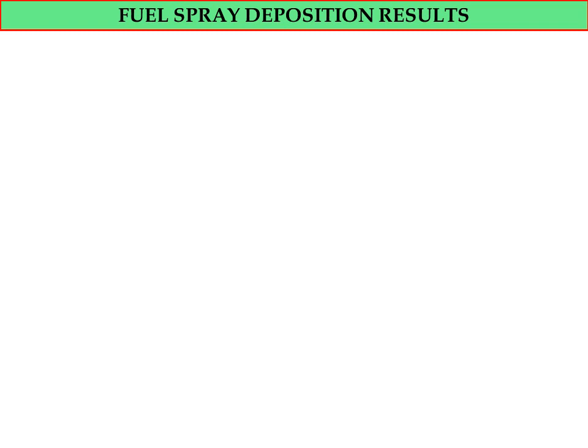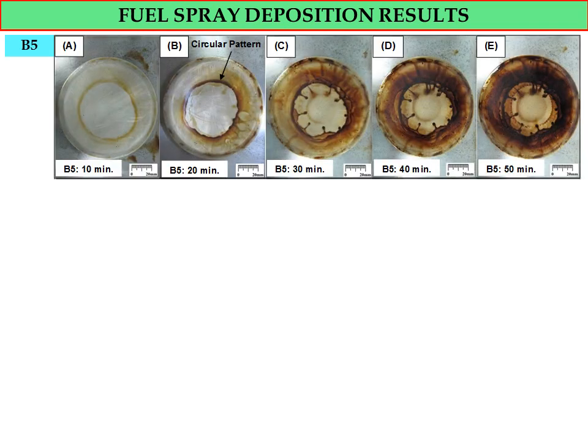Okay, fuel spray deposition result. This photo shows the result I obtained for B5, and it shows the deposit features when the fuel spray impinges on the hot wall or hot plate. For photo A and photo B, we can see that B5 obtained a circular pattern of deposit formation, and most of the deposit is still in liquid form.